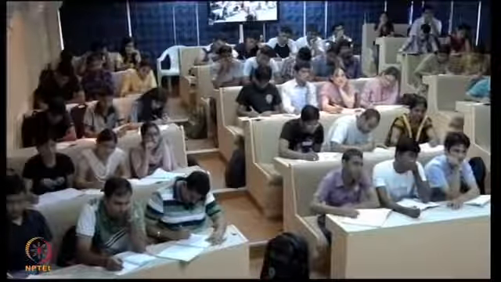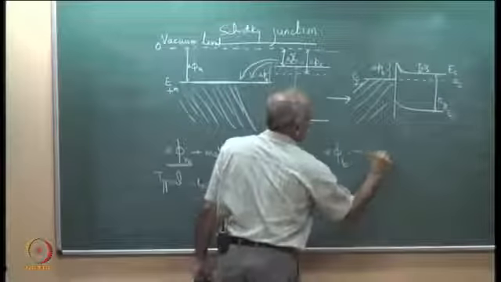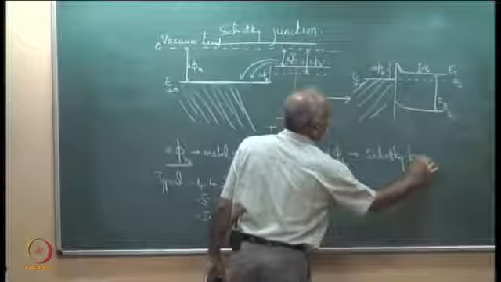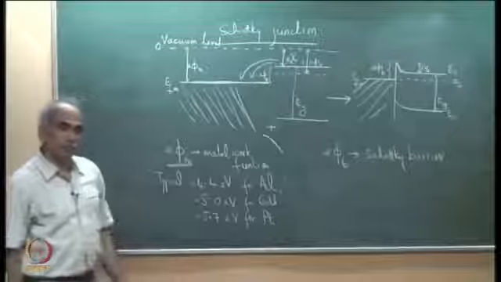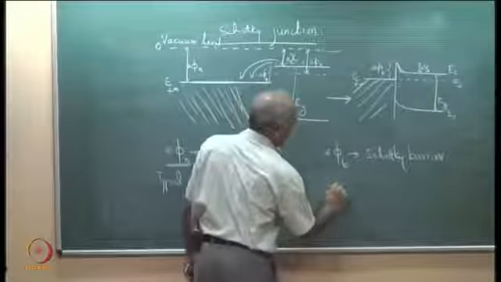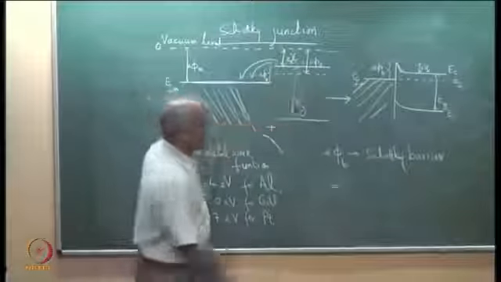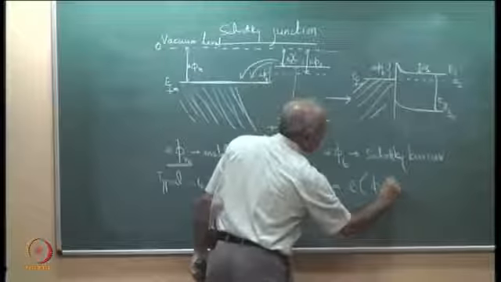So E phi b, the Schottky barrier. What will that be equal to? In terms of phi m and chi, it will be equal to E times phi m minus chi.